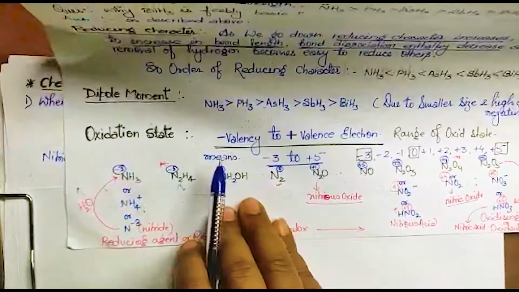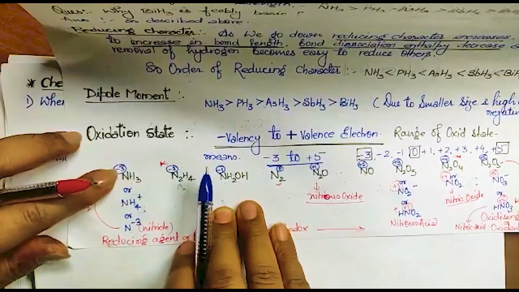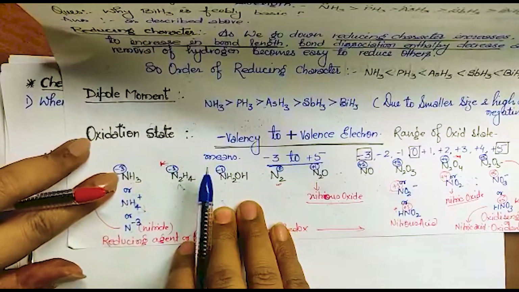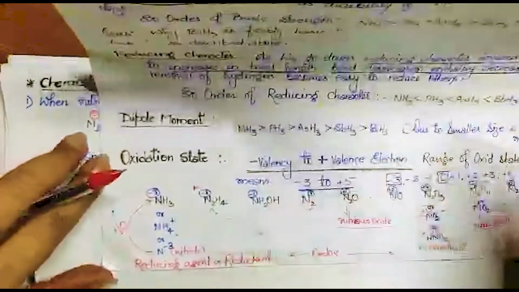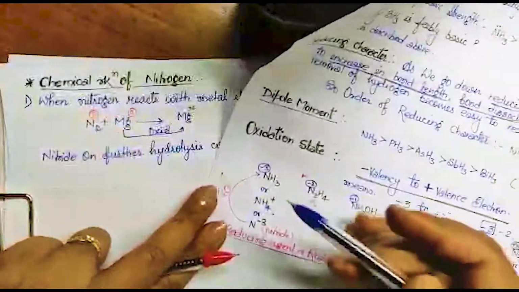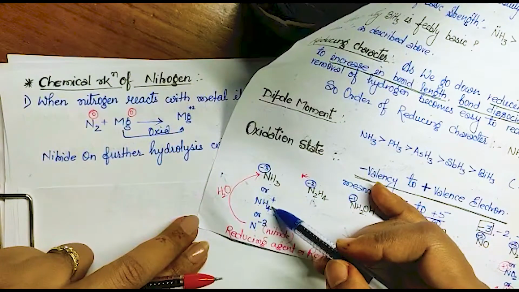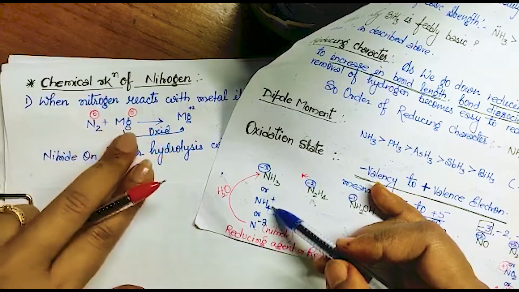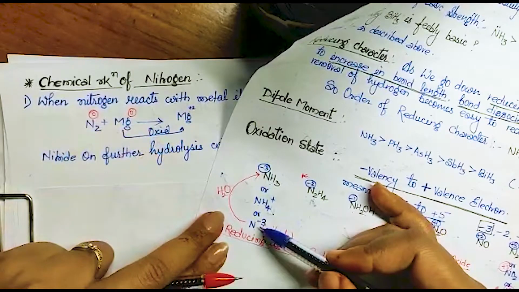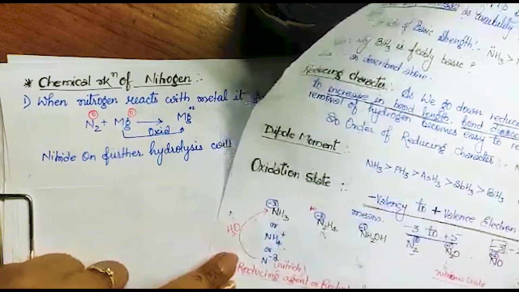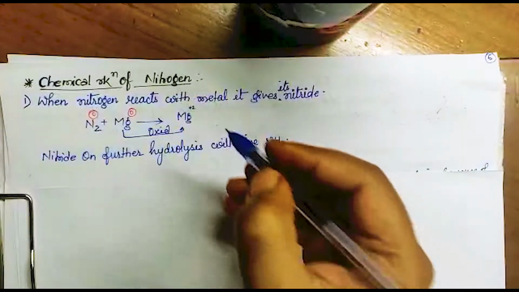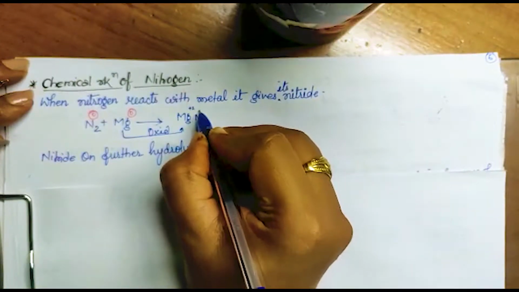Yes. Now in -3 state we have 3 compounds. NH3, can it form? For making NH3 it must have some hydrogen. Is it there? No. Can it form NH4+? Again no, because no hydrogen is there. So what else can it form? N-3. That means nitrogen has to reduce to N-3. Yes.